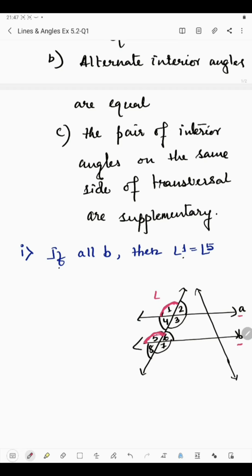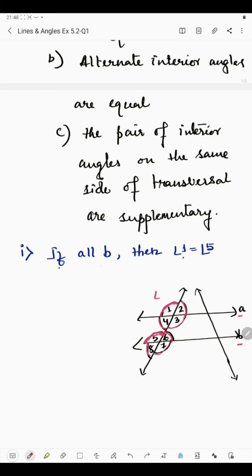So angle 1 and angle 5 are corresponding angles. Here 2 and 6 are also corresponding, and 3 and 7 are also corresponding angles.